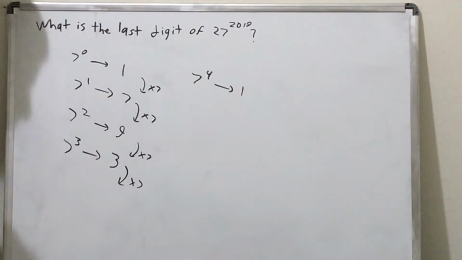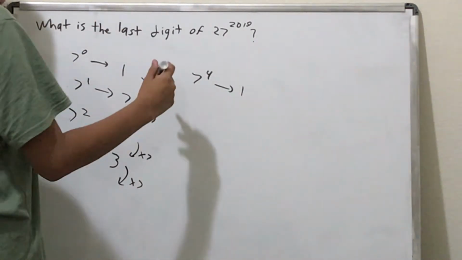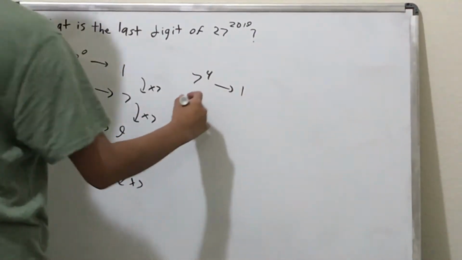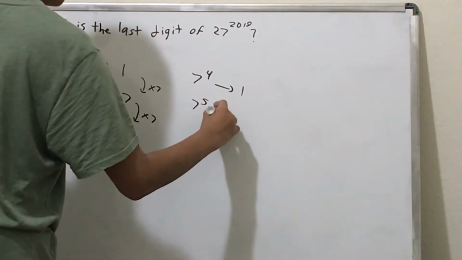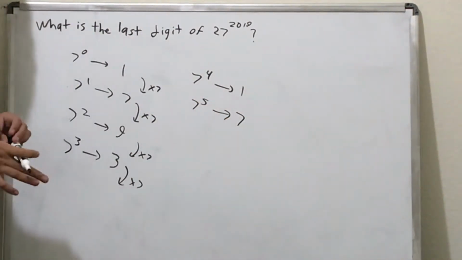Well, this means something special. It loops back around, so we can infer that 7 to the 5th power corresponds to the number 7.